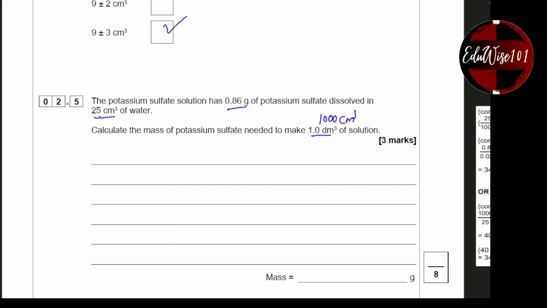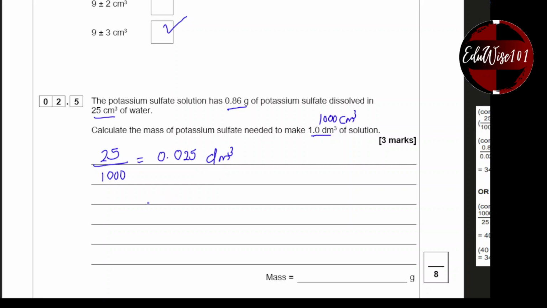So I will need to convert that 25 centimeter cube into decimeter cube, so 25 centimeter cube divided by 1000 is 0.025 decimeter cube. So what we have is 0.86 grams in that much. How much in 0.025 decimeter cube? So how much will we need to make it up to 1000?